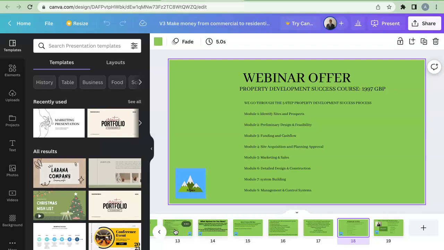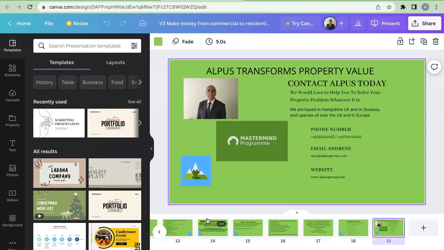Module 7 is about system building, so this is about modular construction and off-site construction in the factory, because that's where the best quality control can be organised. Module 8 is management and control systems, so these are the essential management systems that you need for any project. So that's the contents of the course.